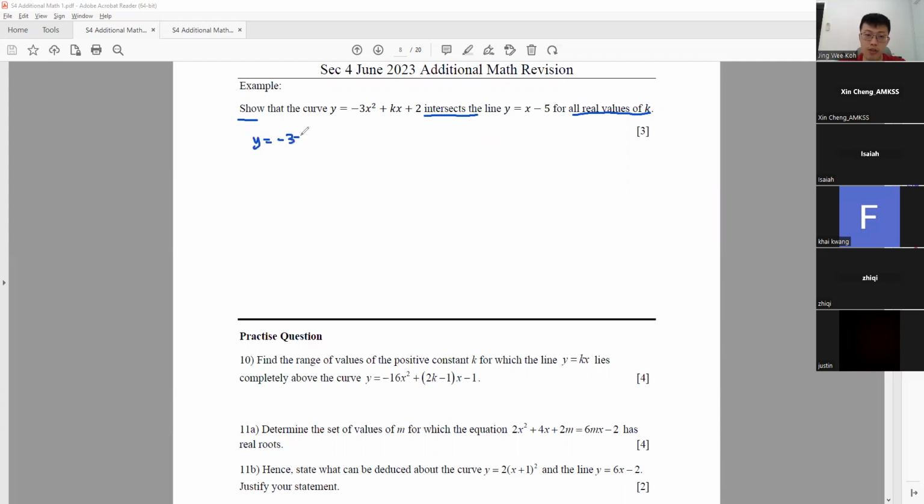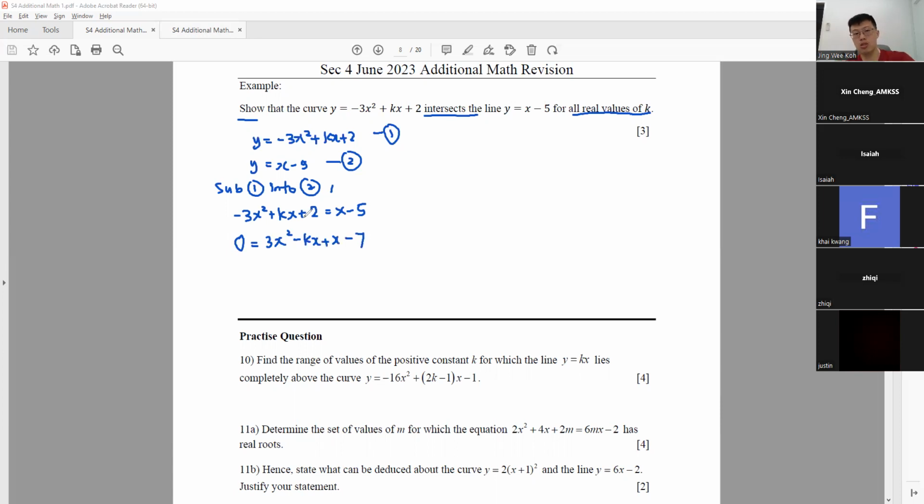First thing first, we find where they intersect. So to find where they intersect, we solve simultaneous equation, and rearrange into a quadratic equation. I prefer my x squared to be positive, so I bring it there.